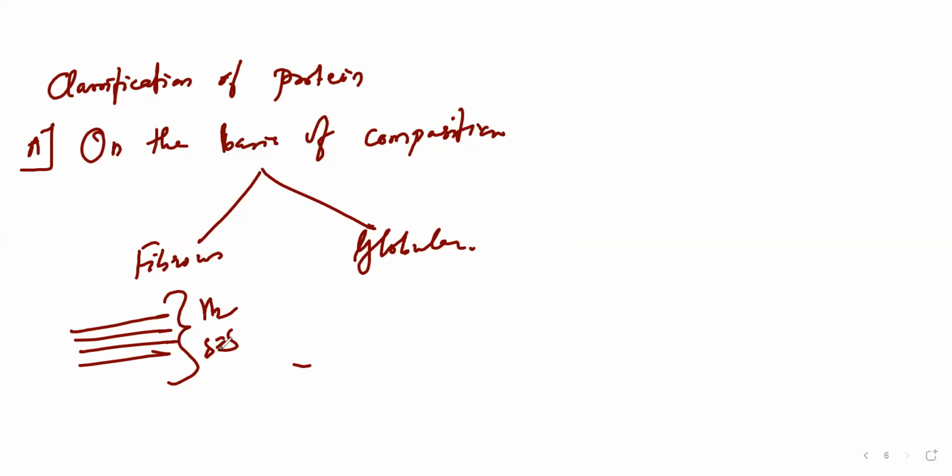For example, collagen, or the keratin which is present in nails and hair, fibroin, myosin. All these are examples of fibrous proteins, where the polypeptide chains are parallel to each other and held together by hydrogen and disulfide bonds. Then the second one is the globular protein. Globular means globule-like. It will be coiled.